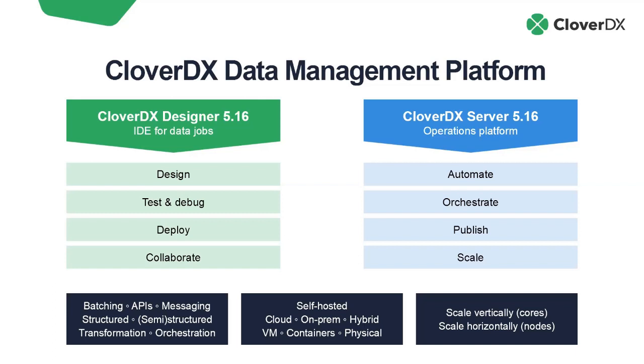And we scale both vertically in terms of cores, so we can scale out how much data throughput we're pushing through the system, and horizontally as far as nodes for things like high availability and failover. So the idea here is we're basically able to take any sort of data source and push it to any data target. And in the context of this webinar, we're thinking specifically, how do we onboard client data from new sources into a holistic target.